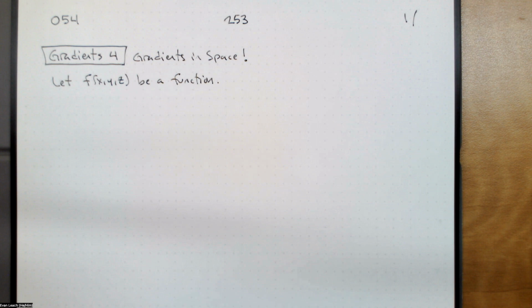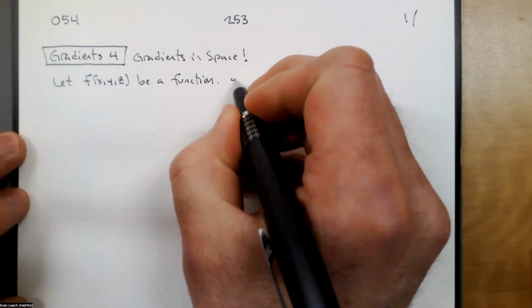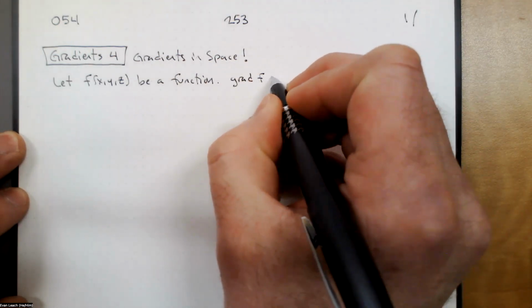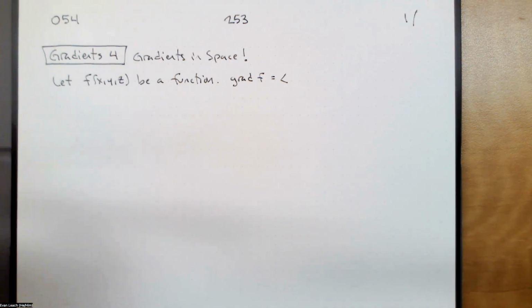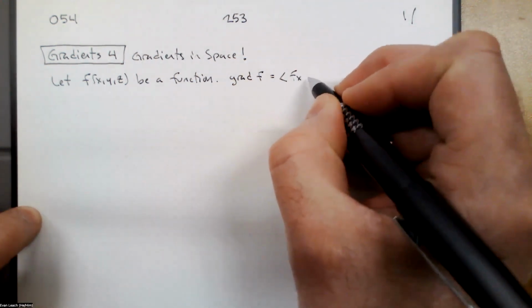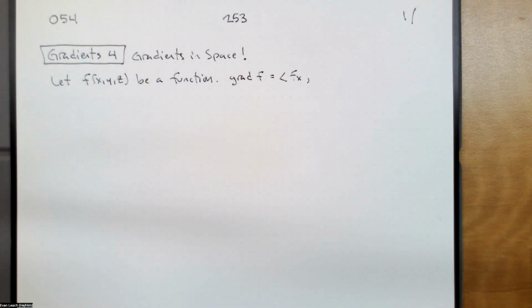If we have a function of three variables, then the gradient of f is going to be the i component will be the x derivative. The j component will be the y derivative.